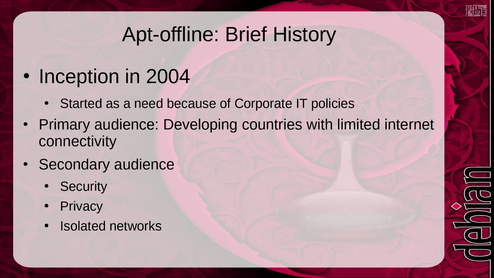Basically, I wanted to make use of the APT package management system. But APT was designed with an assumption that the network would be available on all the systems, which is clearly not the case for me, where at home and at work I was required by corporate IT policy to use Windows. So I thought of finding a way to bridge the gap to update machines which are not connected to the network. So that was the primary intent.